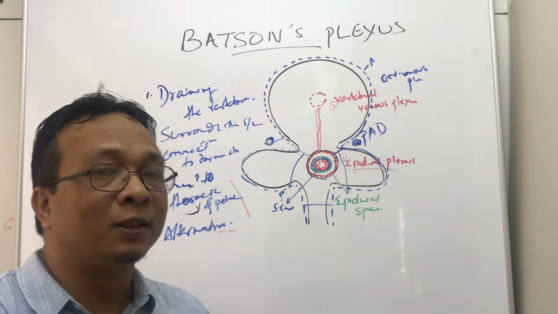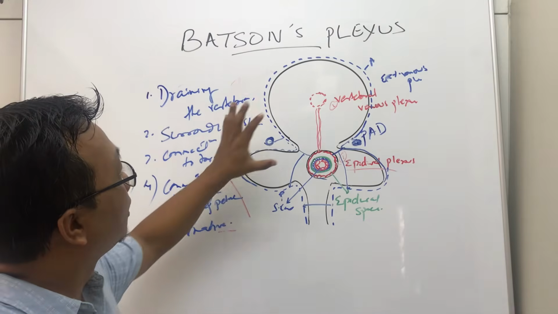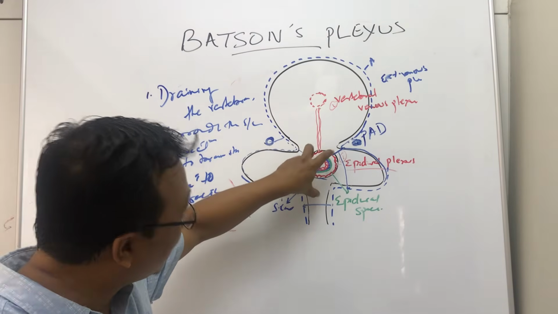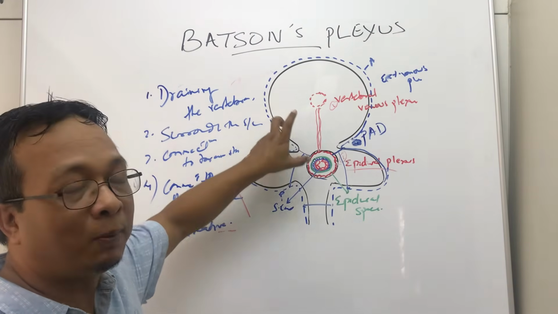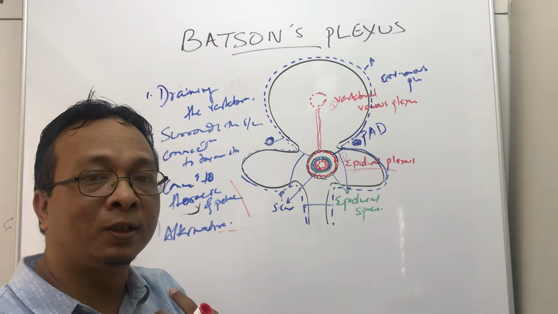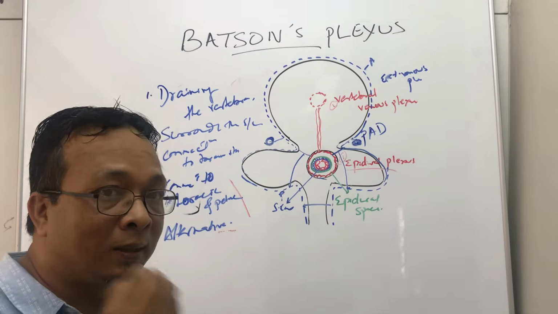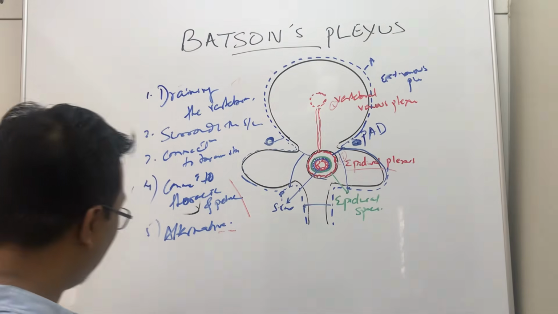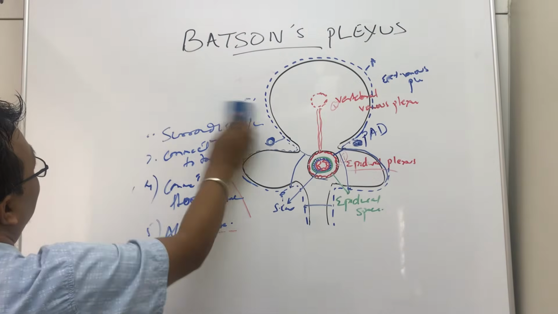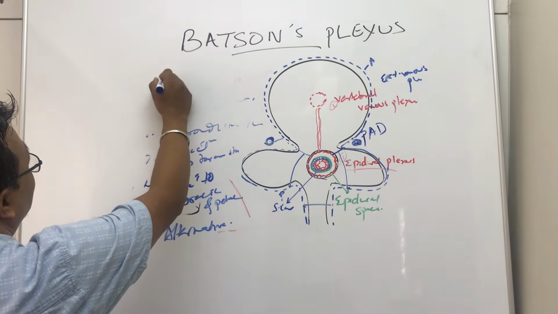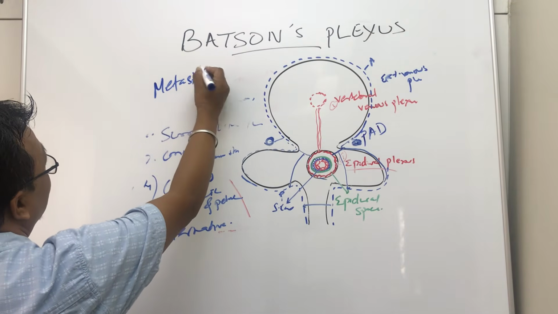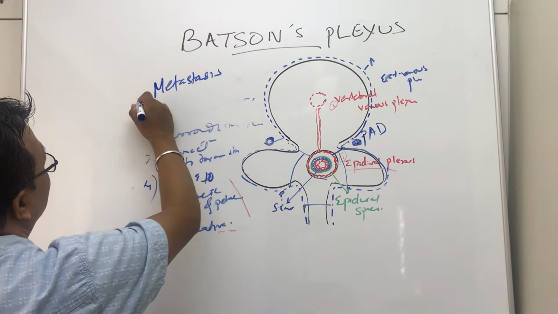So this is the importance of Batson's plexus. It is located inside the vertebra and outside the vertebra, and it is connected to the thoracic system and to the pelvic veins, and that is how it is clinically significant for spread of metastasis to the bone, to the vertebrae.